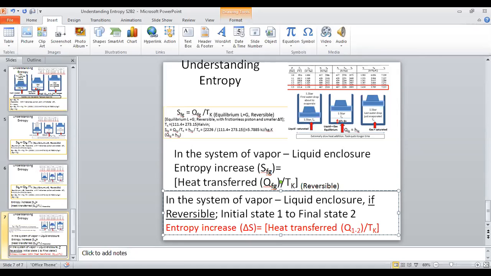T_K is the constant system temperature in Kelvin. If reversible, from initial state 1 to final state 2, the heat addition from 1 to 2 divided by T_K is delta S. Even here I can put 1, 2. That is okay.